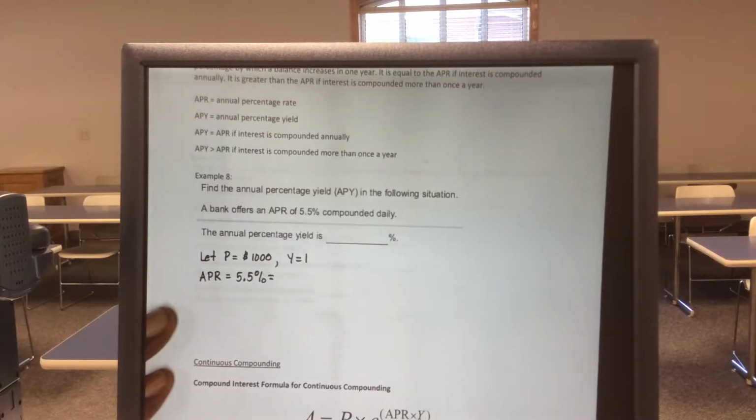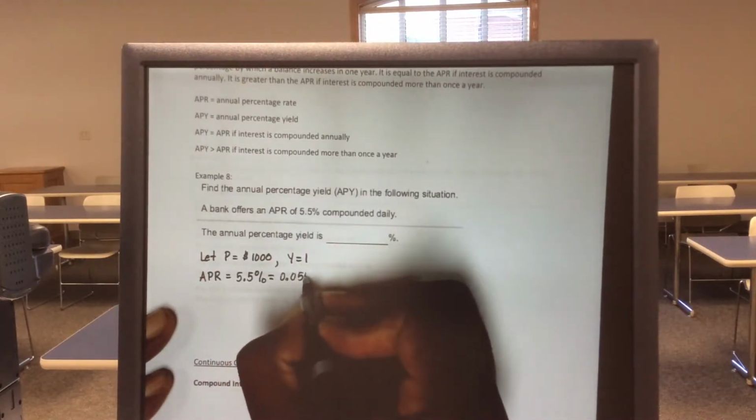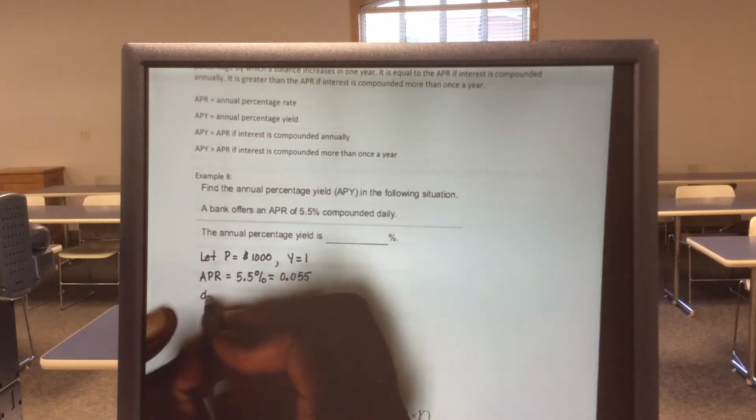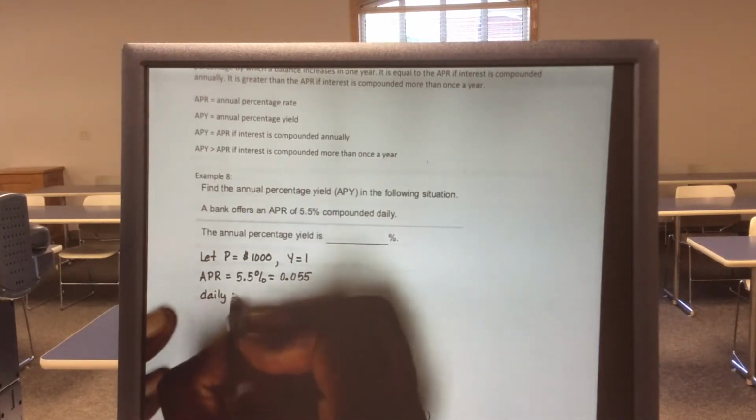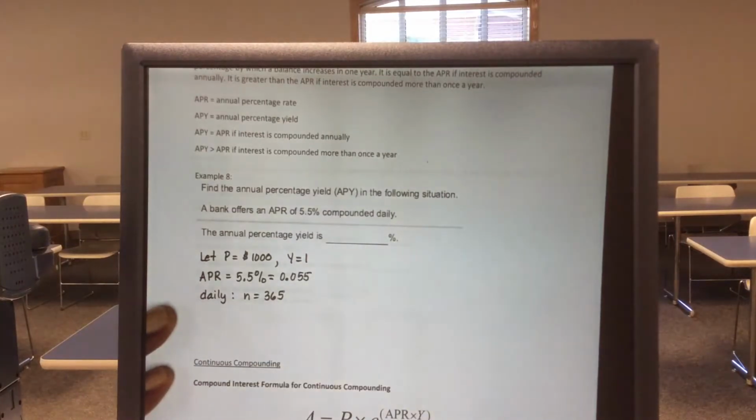Convert 5.5% to a decimal, you're going to get 0.055. And then it says compounded daily, so that means that there are 365 compoundings in a single year. N is 365.